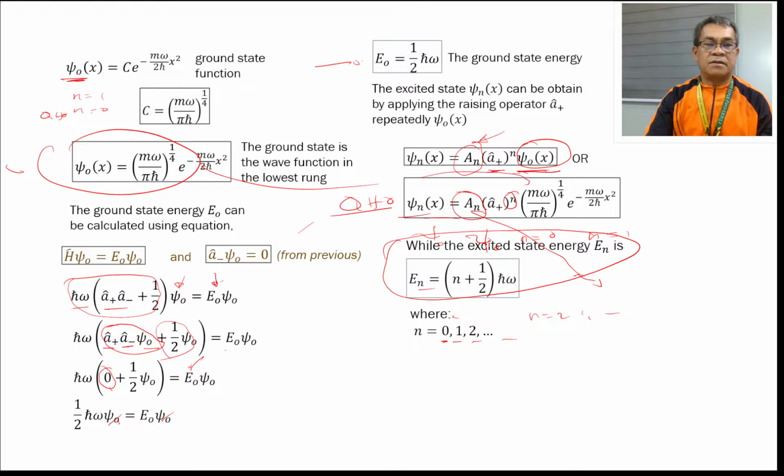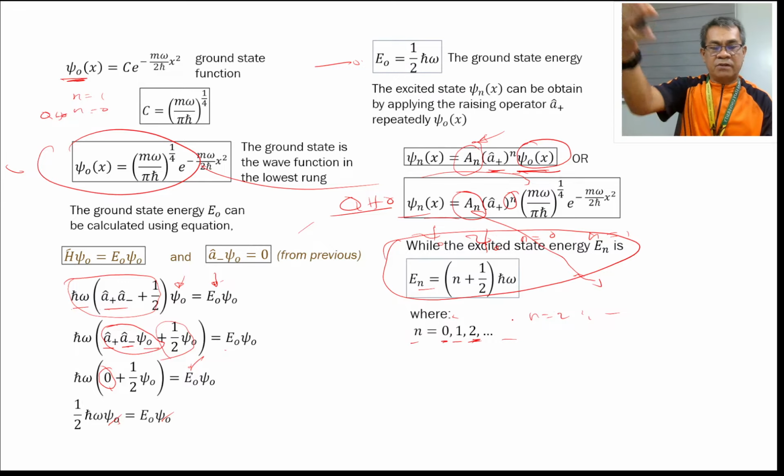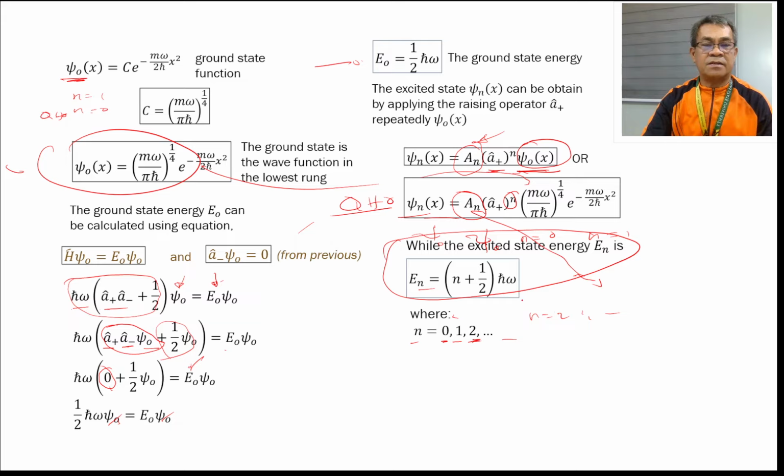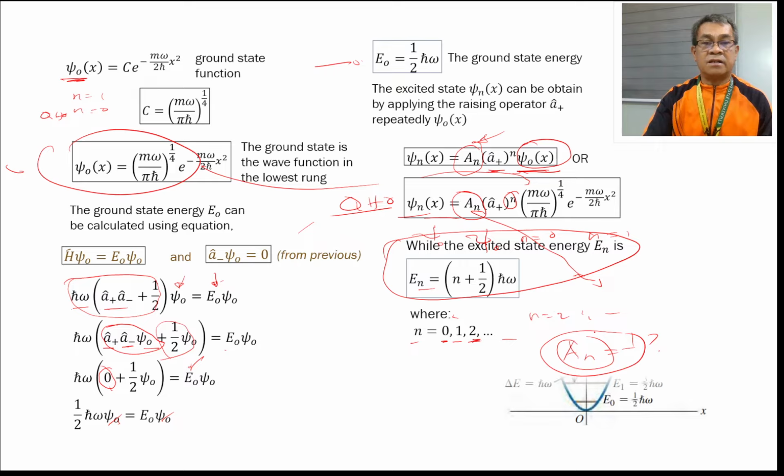The more n you apply, the more difficulty occurs. So the question is, what is the technique of finding A_n, which is the normalizing factor? But before we end, I think we have to.